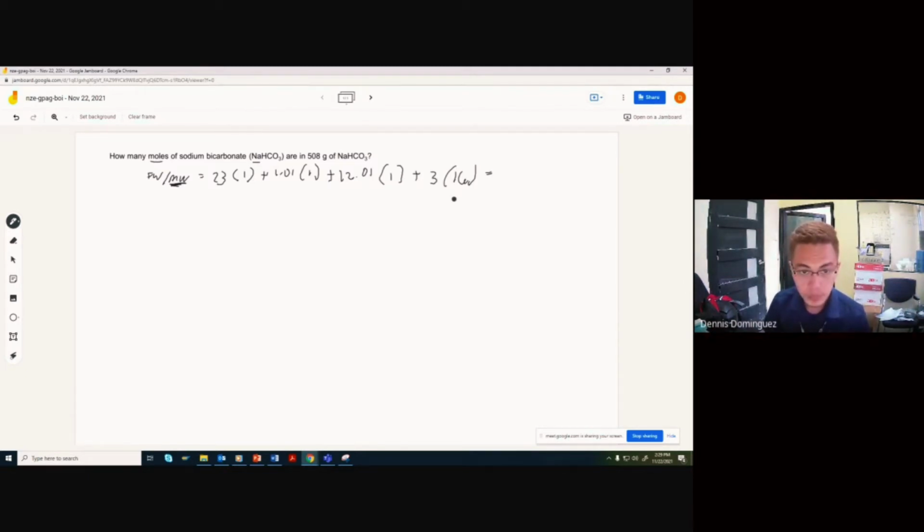Tanawin per the table. Sakto, sir. Okay. Look for sa Google ninyo, molecular weight of sodium bicarbonate. Mugawas dapat ang 84.02 grams per mole.